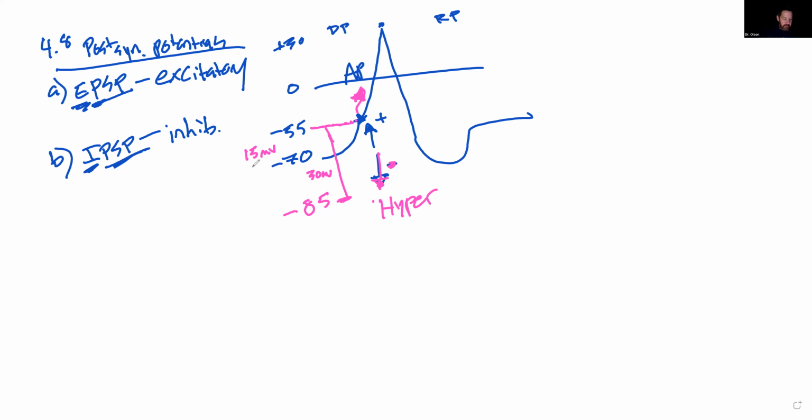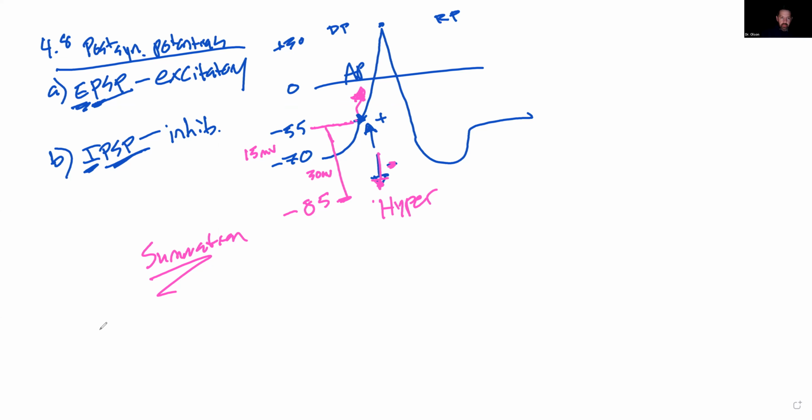So we have excitatory and inhibitory signals. We have a concept that we call summation, okay? And when we talk about summation, we say that it is the integration of the effects of multiple graded potentials to have a net effect on the membrane potential.